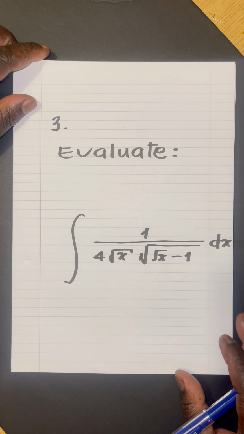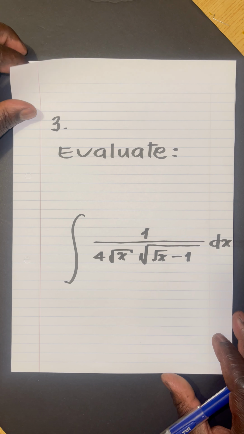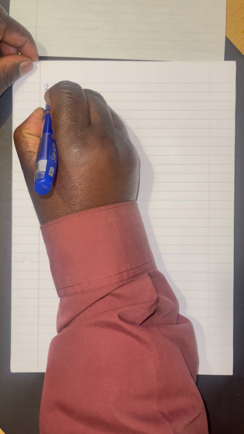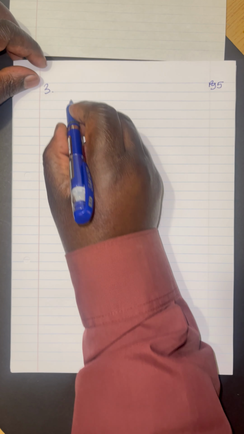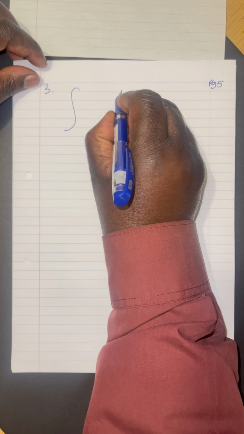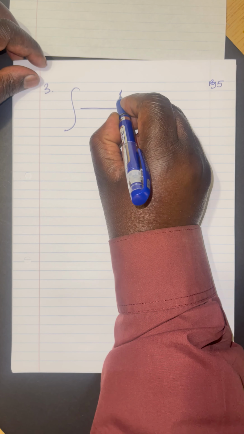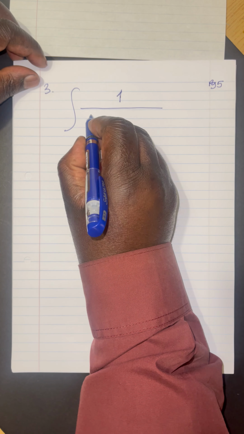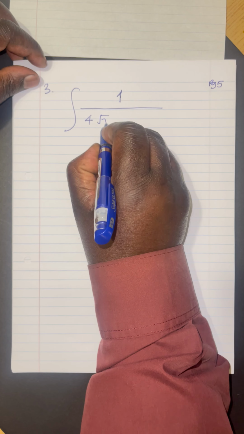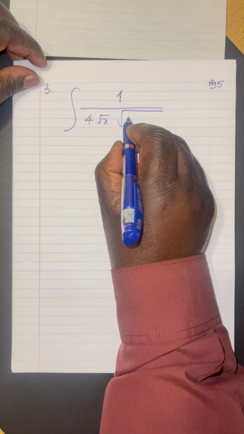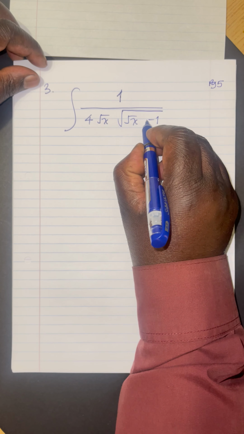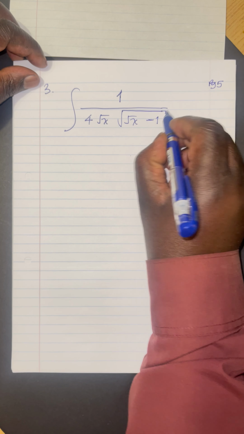Looking at this one here, a couple of things must be done, and then we are going to use u-substitution. So let me rewrite the integral number 3. Like I said, this is page 5. The integral of 1 all over 4 square root of x, and then we have square root of x minus 1, and we're told dx.